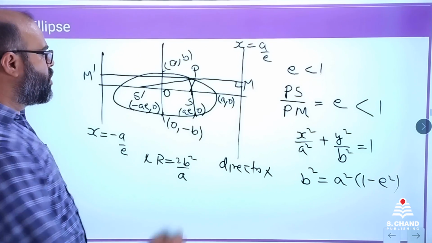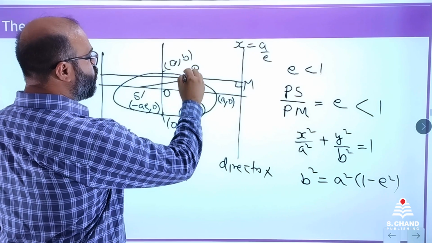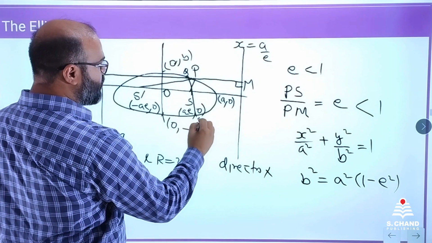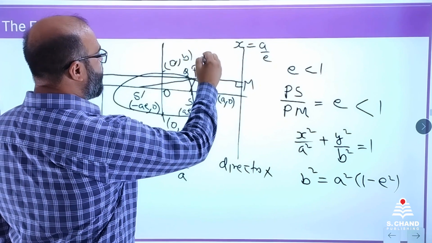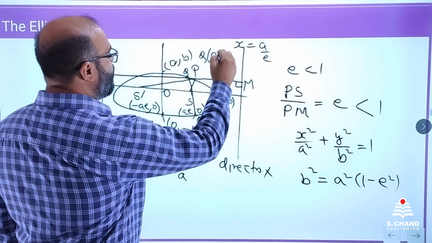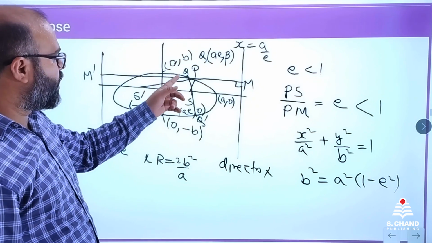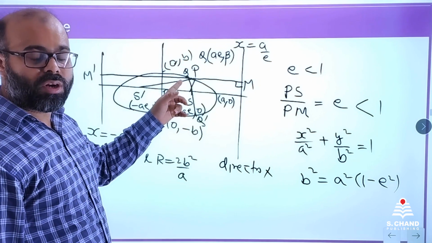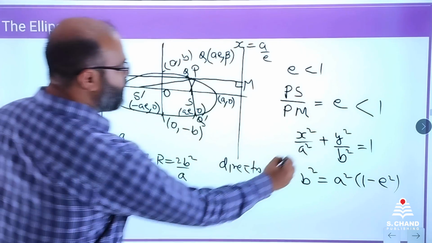As we know, this point over here, suppose Q, and this point Q dash, are the two extremities of the latus rectum. So Q can be said to be (ae, beta), where beta is not known. ae is the x coordinate of the focus, which is the same as the x coordinate of the extremity, and we put it in the equation.